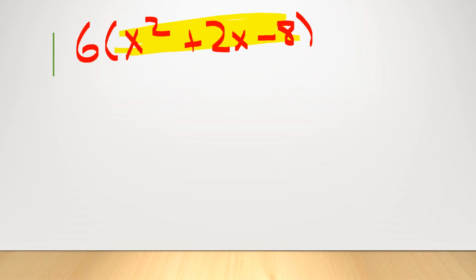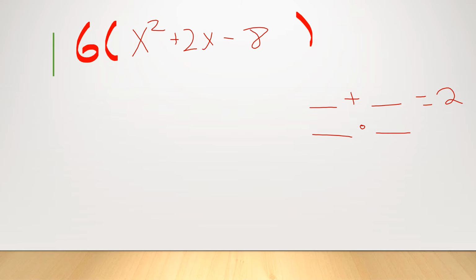And how we're going to do that is how we factor normally, by seeing what goes into what. We're going to be seeing what plus what equals 2 and what times what equals negative 8. From both of those, that is negative 2 and 4.